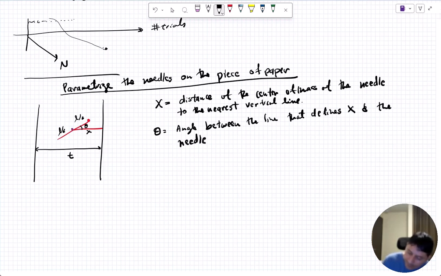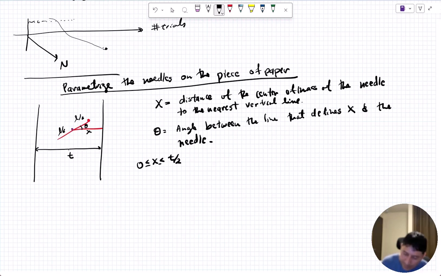Now let's talk about the ranges of these variables, right? So x, it's easy to know. x is going to be at least 0 and at most t over 2, right?